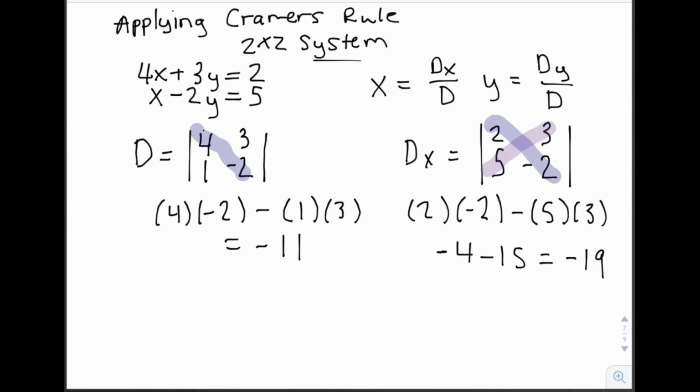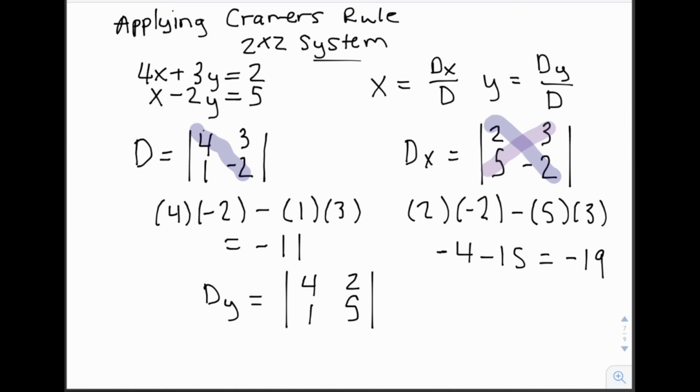Our last one we want to figure out is our determinant of y. Again, we use these vertical bars here. Since we're solving for the determinant of y, let's replace our y column with our constants. So our constants 2 and 5, and we keep our coefficients of x, which are the 4 and the 1.